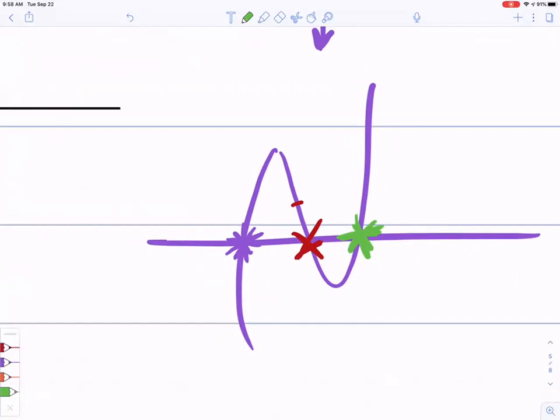Extrema is the umbrella word for what? Maxes and mins. Okay, so I have 2 extrema. Are they both the same kind of extrema? No, one is a max and one's a min. Let's look for the maximum first. So I'm going to focus on this guy right here.